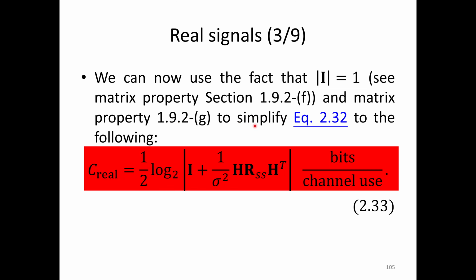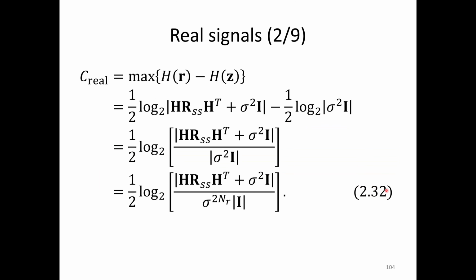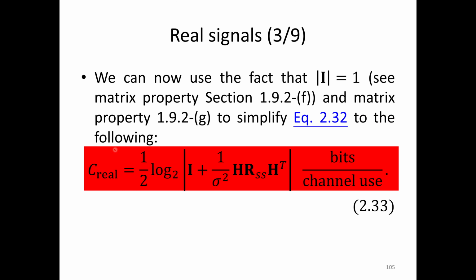To simplify equation 2.32, which is this equation, C real is equal to the following. We can see that C real, the capacity of a real signal, is equal to 1 over 2 times log 2 of the determinant of I plus 1 over sigma square times H RSS H transpose bits per channel use.